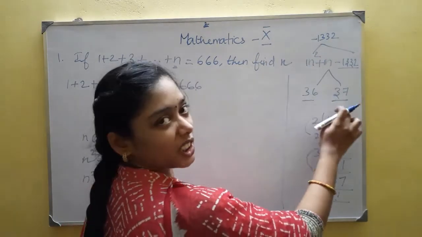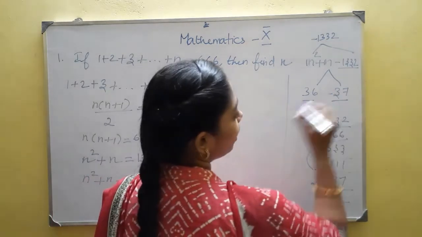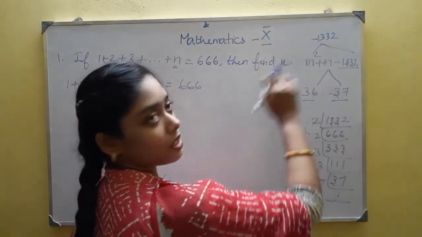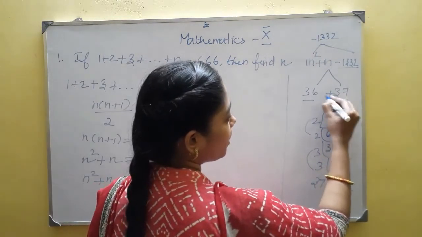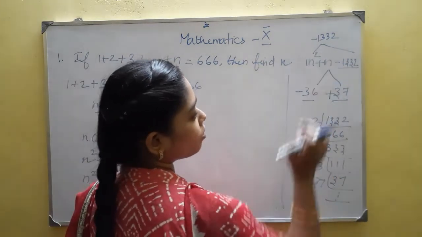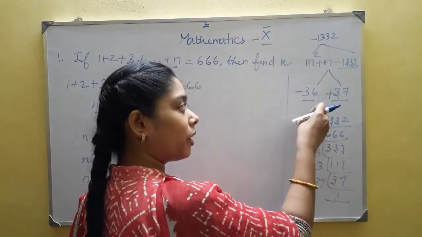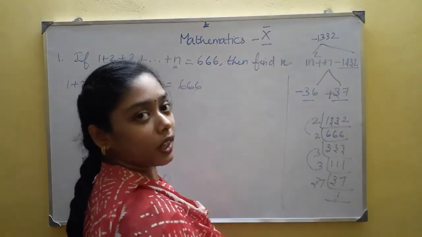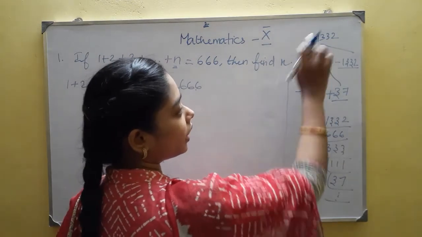You want to put a subtraction sign for 36 or 37. If I give the subtraction here, I will get minus 1, but I want to get 1. So the greater number is supposed to be plus, and the smaller number you put the negative sign, then only you will get positive 1. And if you multiply these, you will automatically get 1332, with the negative sign.